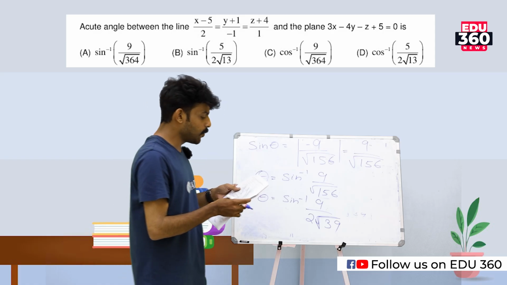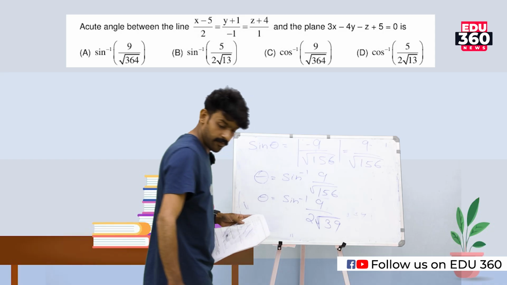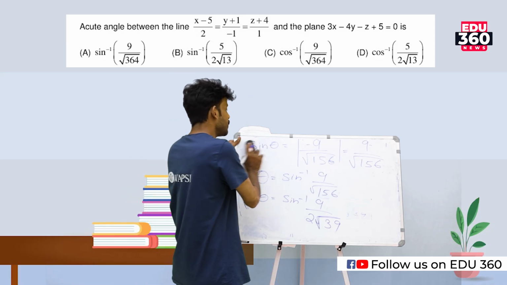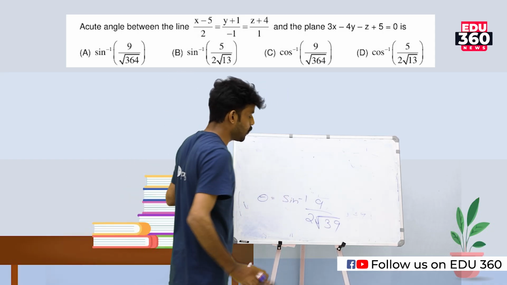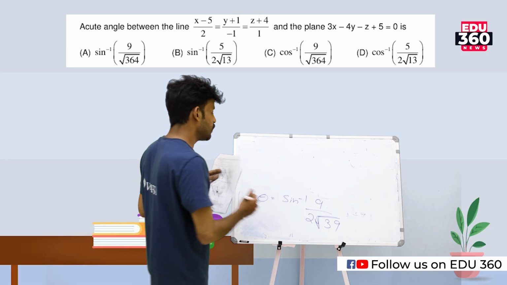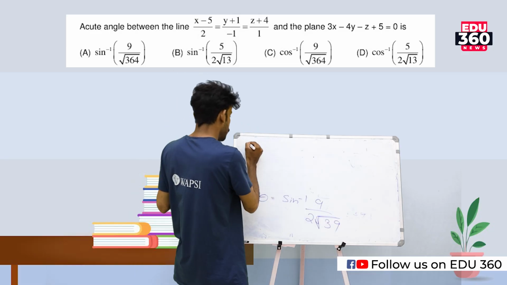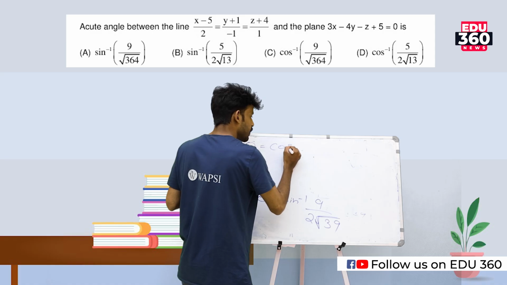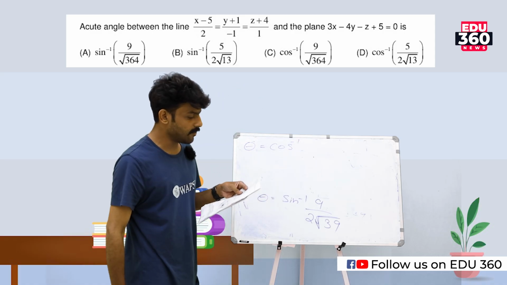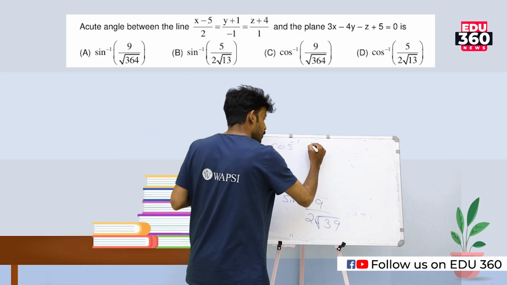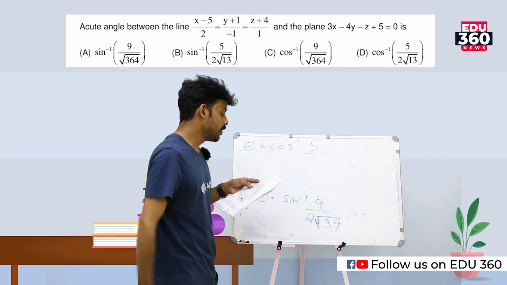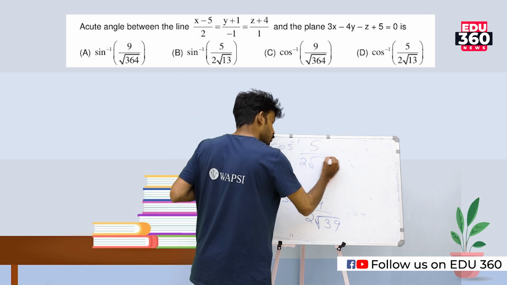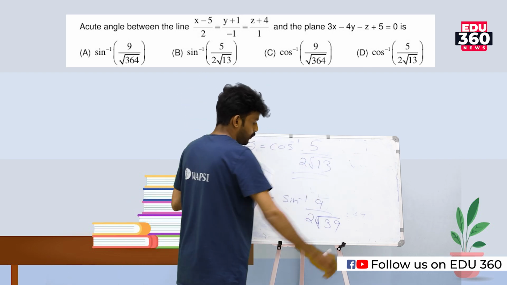In terms of cos we can write this, theta is equal to cos inverse 5 by 2 root 30.